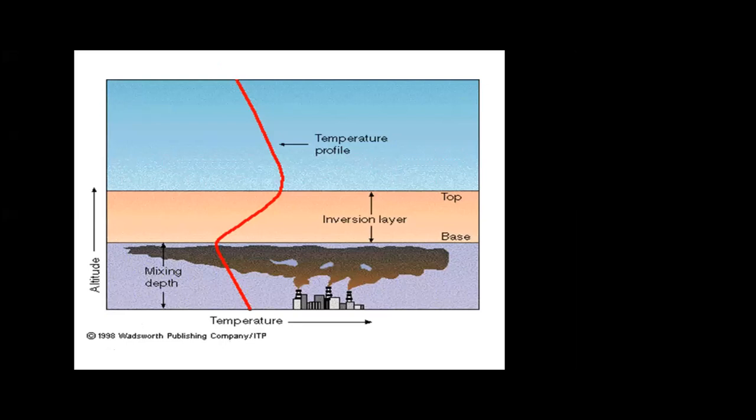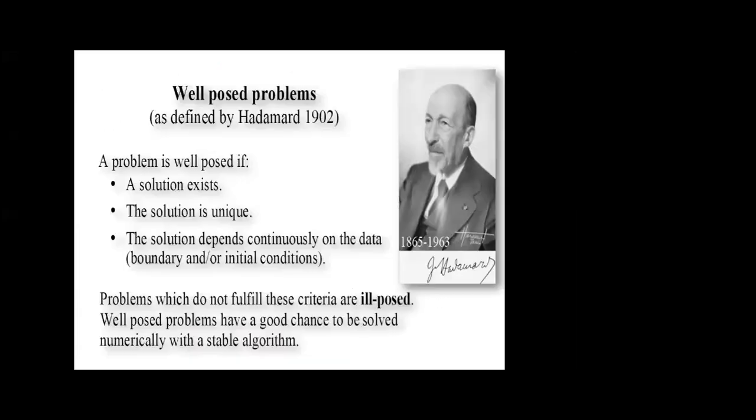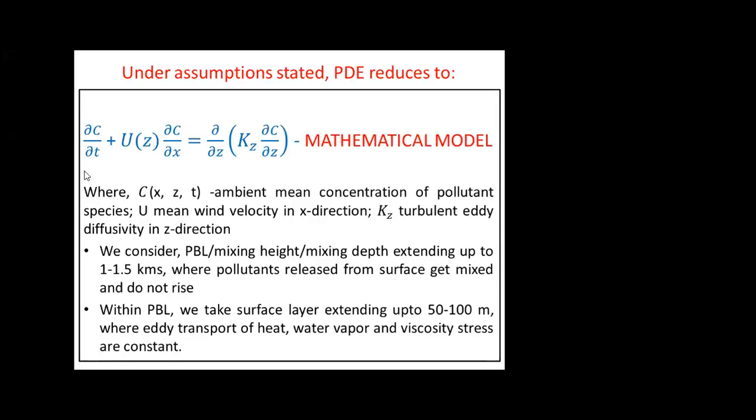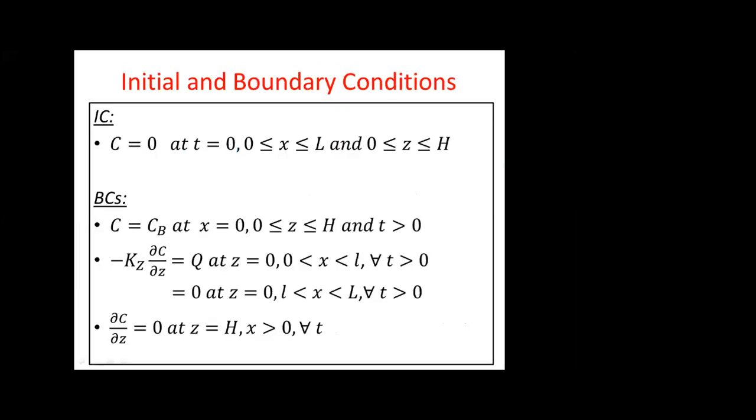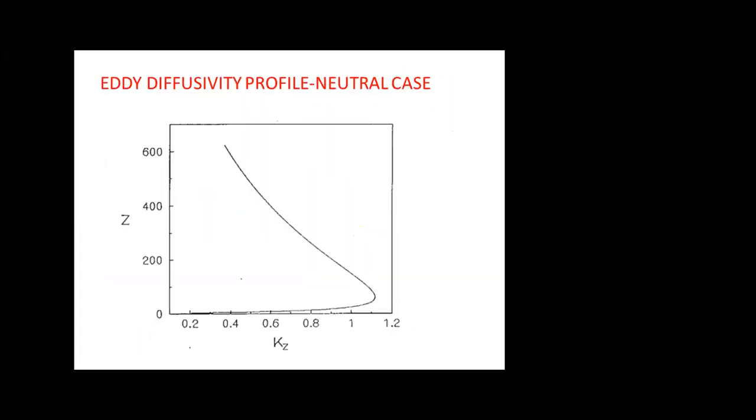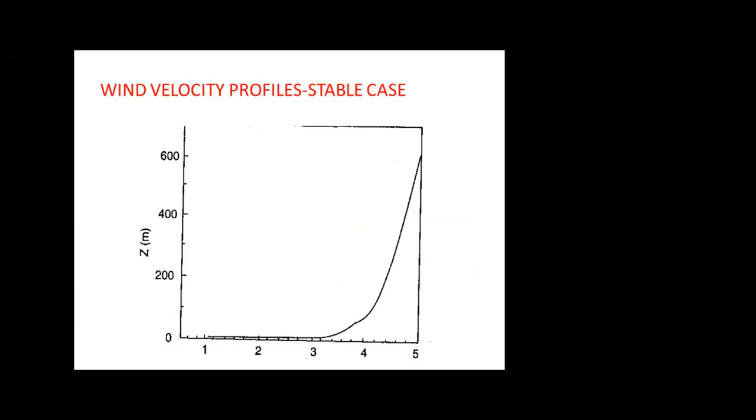Because of that, we will not be able to solve analytically, so we solve it numerically. So u is a function of z, and Kz is also a function of z, and those are the profiles I have shown you here: the profile for diffusivity and the profile for wind velocity, which are functions of height. Because of that, there is no analytical solution, so we go for a numerical solution.